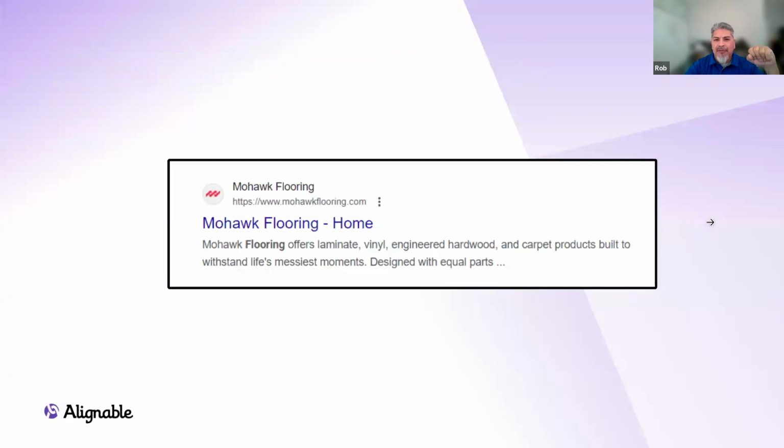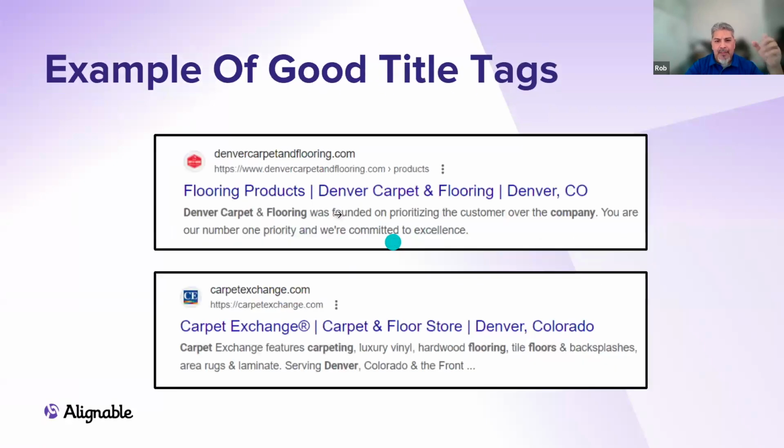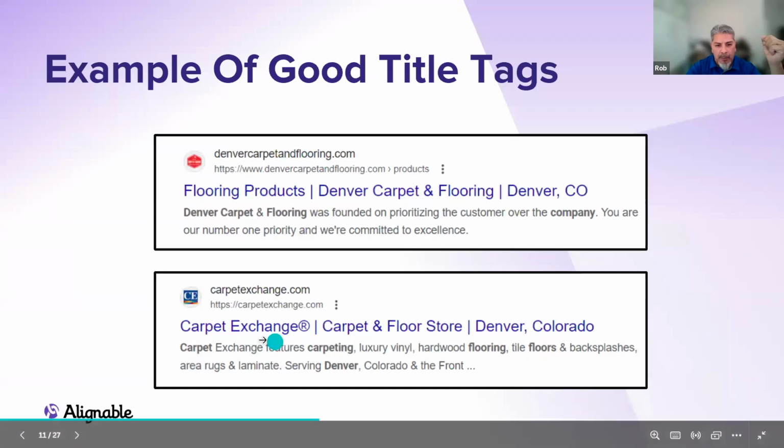So what's an example of a good title tag? It doesn't say home. Flooring Products, Denver Carpet and Flooring, Denver, Colorado. The Carpet Exchange, Carpet and Floor Store, Denver, Colorado. So what we're doing is talking about the product that we sell, the most important thing in our business, what makes us money, what keeps the lights on, what pays the employees: flooring products or carpet.